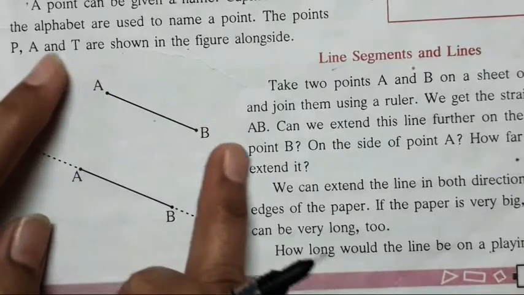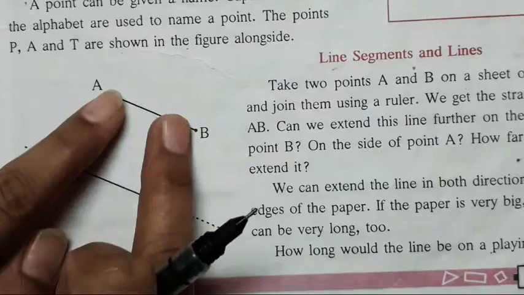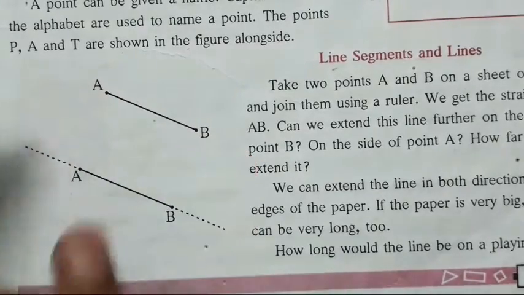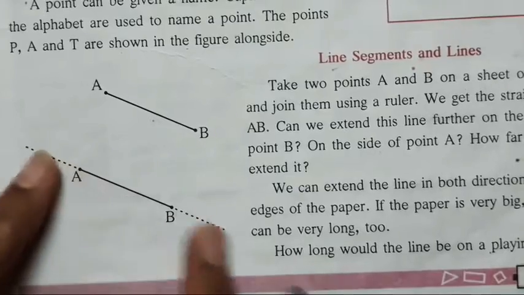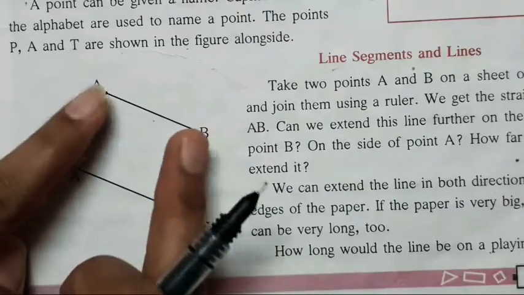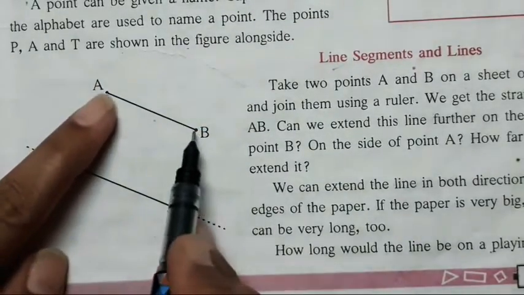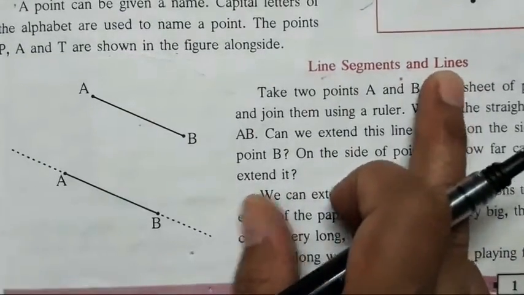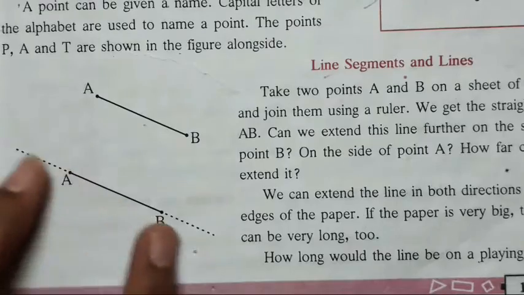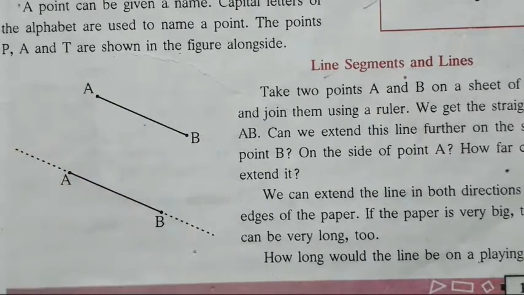This can also be extended. So line segment means which can be extended, मतलब बढ़ा सकते हैं. And line means it is being defined by two dots, मतलब दो डॉट से वो खत्म होता है. That is known as lines. And line segment means which can be extended, enlarge कर सकते हैं.